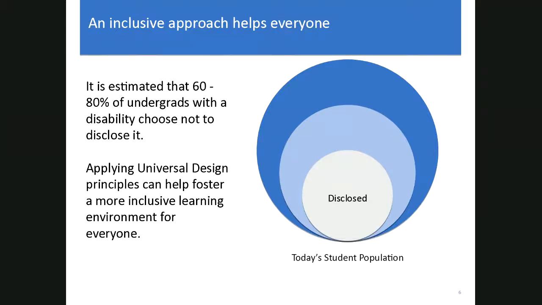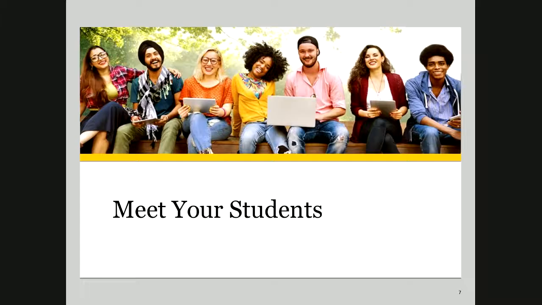But all of those who don't disclose, nobody's helping them because no one even knows that they need additional help. And so by creating and using Ally, it helps all of those students. So the students who have not disclosed do then have access to alternative formats, and even students who do not have disabilities but choose maybe just to learn in a different manner can also have access to that content.